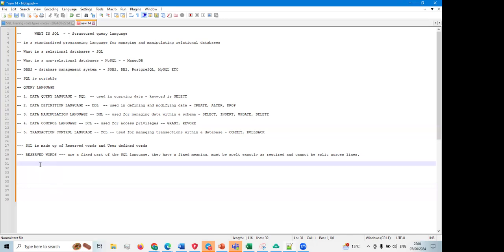So user-defined words are words introduced by the user.